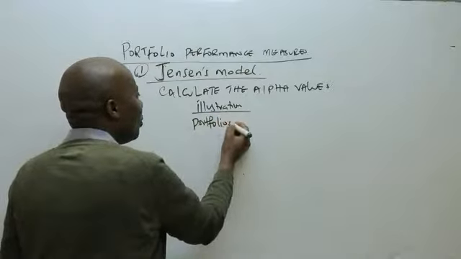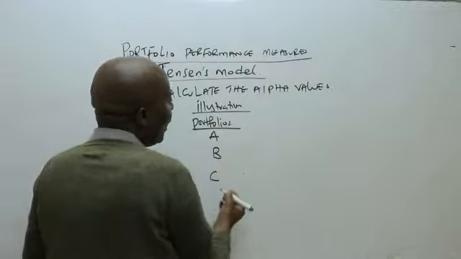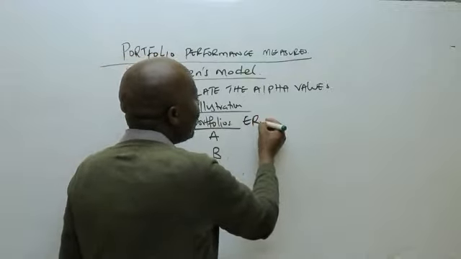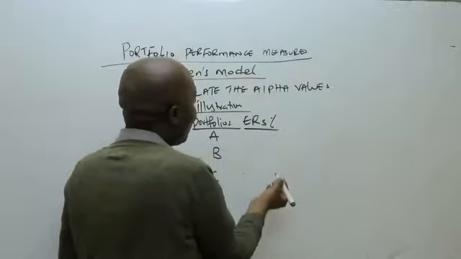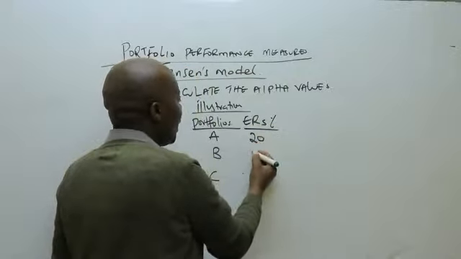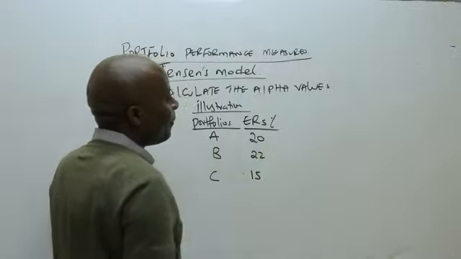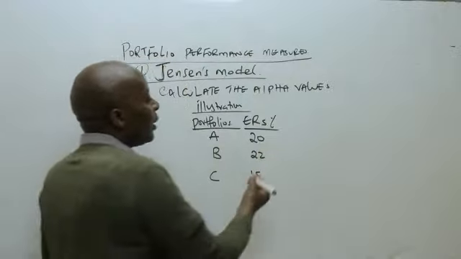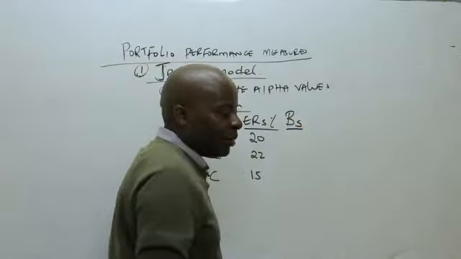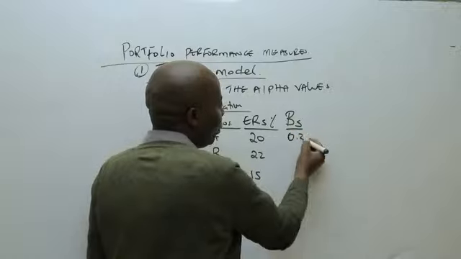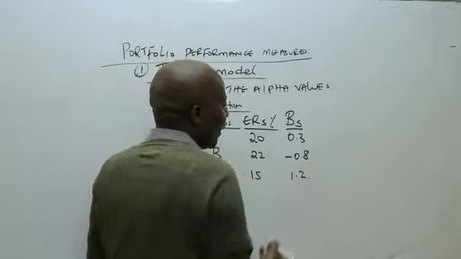So we have here portfolios, you could be talking of portfolio A, B, and C. And then they have given us the expected returns of our portfolios or of our securities. In terms of percentages, this is 20, this is 22, and perhaps this is 15. And then they have even gone ahead to give us the beta factors of the securities. Here we have 0.3, here we have negative 0.8, here we have 1.2, like that.